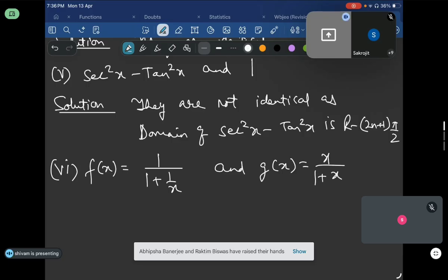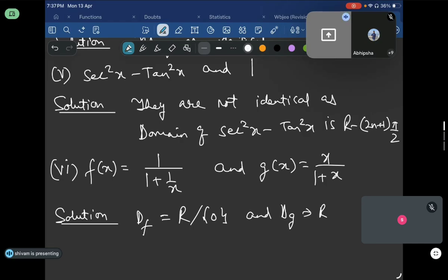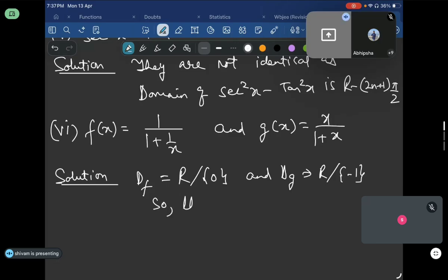Abhishek, tell me. They are not identical, because the domain of f of x is all real minus 0 and of g of x it is all real minus minus 1. Correct. So they are not identical.